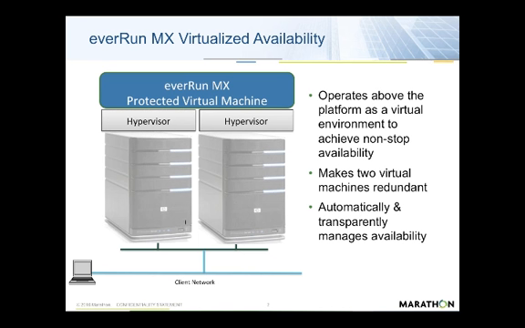So, when you have a failure of a disk, or a failure of a network controller, or a failure of a server, that failure is transparent to the workload, which is the operating system and the application. So Marathon has developed everRun MX for that very specific purpose, to provide zero downtime, zero data loss to a Windows environment.